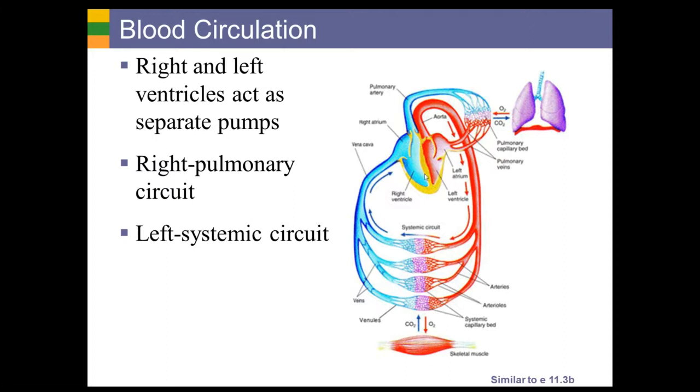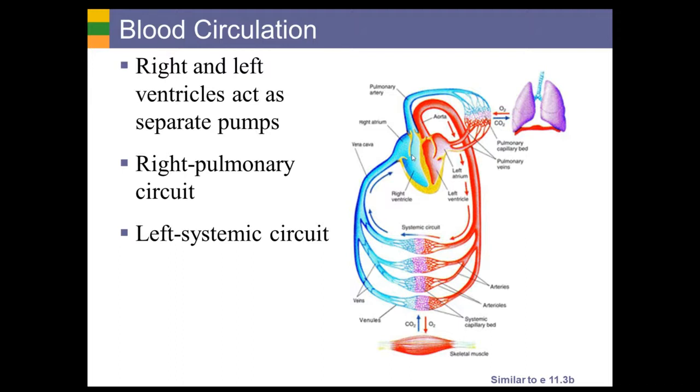But your heart is really two pumps. The right ventricle pumps blood through what's called a pulmonary circuit, basically to the lungs, and then it returns. And then you have the left ventricle that pumps blood through the systemic circuit. As you probably recognize, the color coding of blue reflects deoxygenated blood.